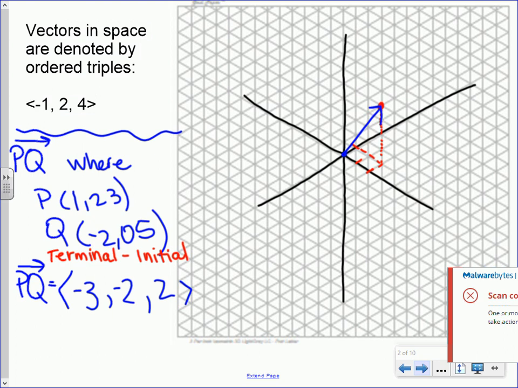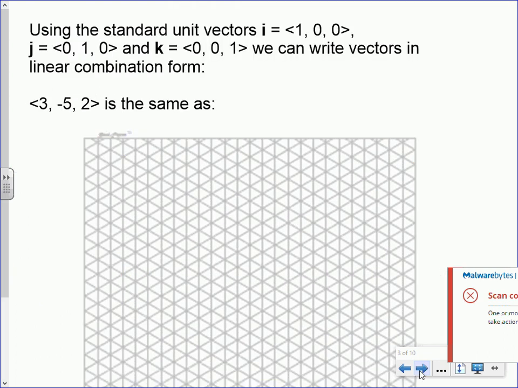The vector 1, 0. The vector J, 0, 1. Well, now the vector I, since we're in 3 dimensions, is 1, 0, 0. Vector J is 0, 1, 0. And then we have vector K, 0, 0, 1. So there's standard unit vectors in each of the 3 directions that we have.